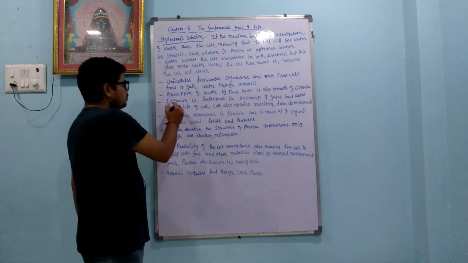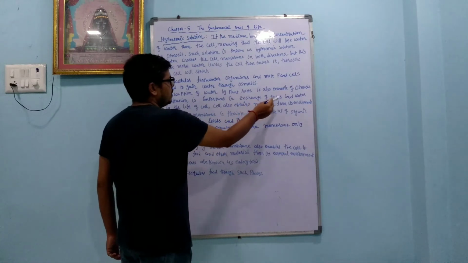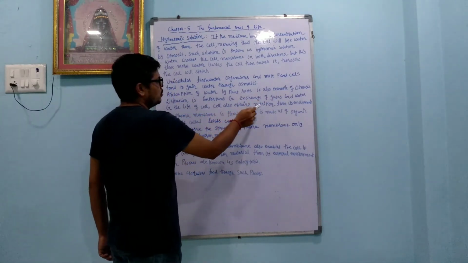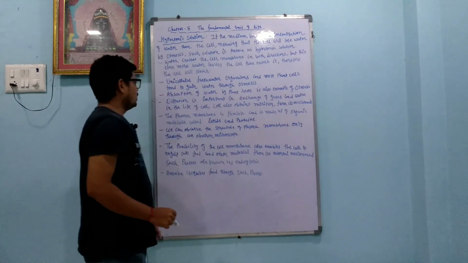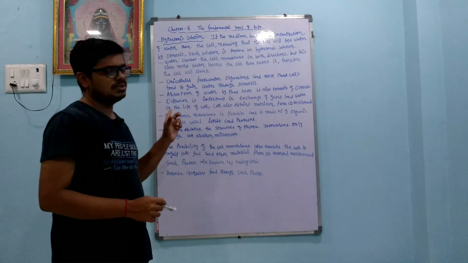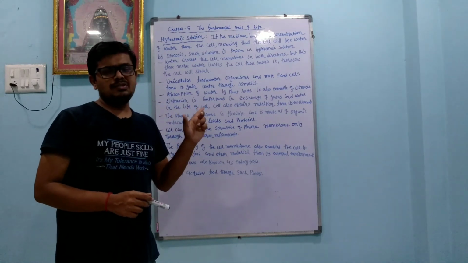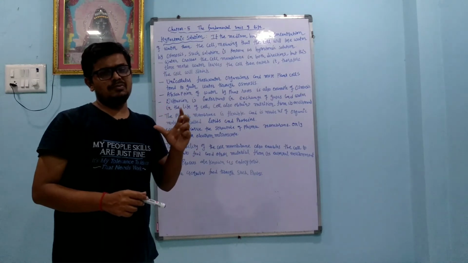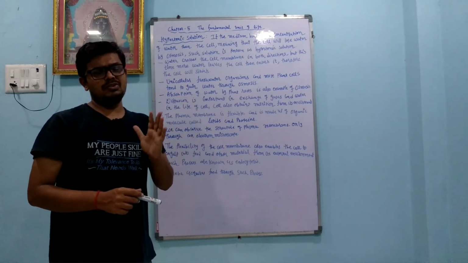Diffusion is important in the exchange of gases and water in the life of a cell. The cell also obtains nutrition from its environment. Dear student, the difference between osmosis and diffusion: in osmosis, water goes from higher concentration to lower concentration.